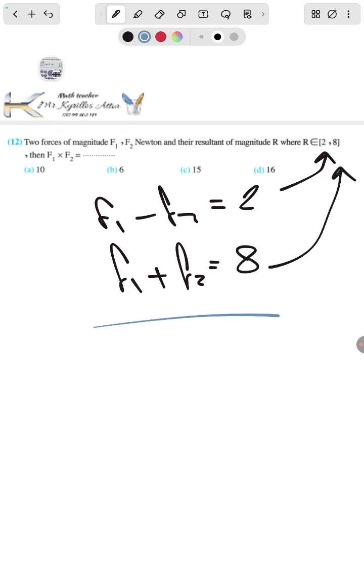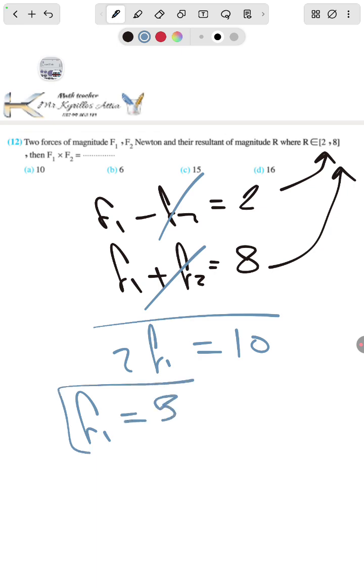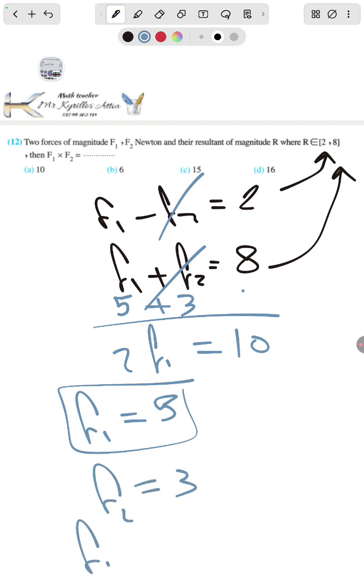By adding them, F2 minus F2 cancels, so it will be 2 plus 8 equals 10, so F1 equals 5. And here, if F1 equals 5, 5 plus what equals 8, 5 plus 3, so F2 equals 3. We need F1 times F2, it will be 5 by 3 equals 15.